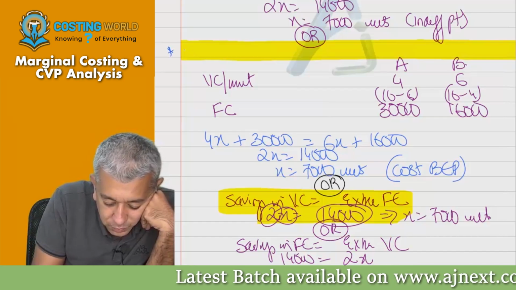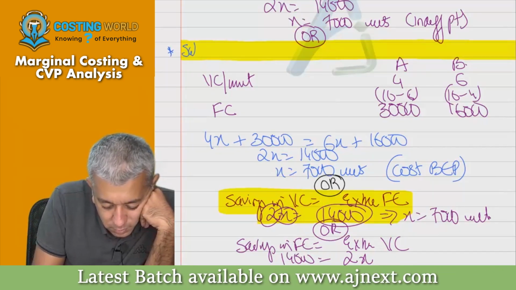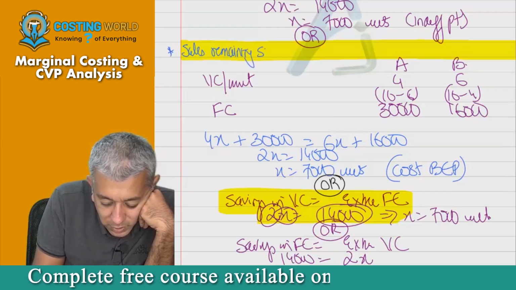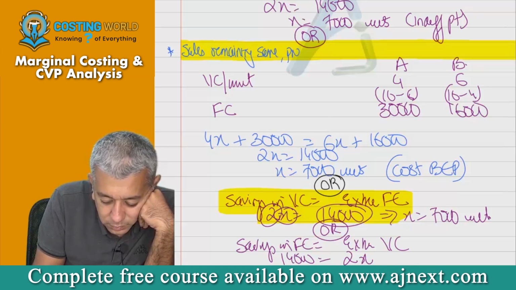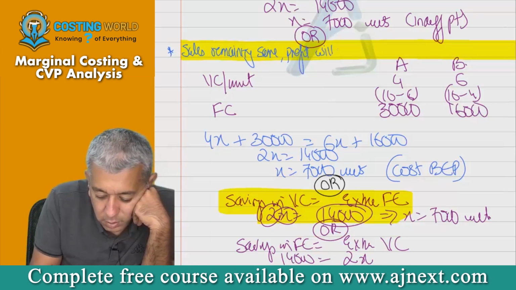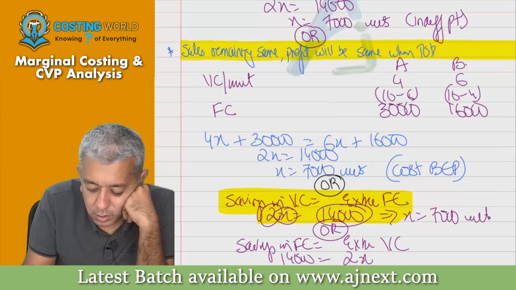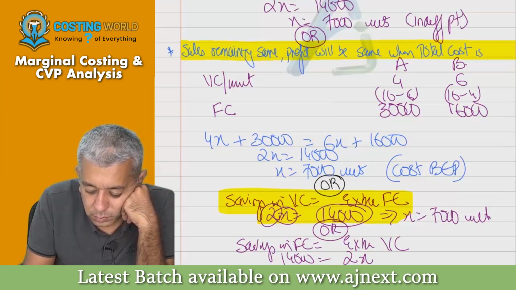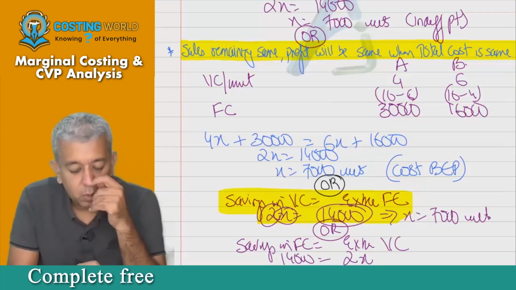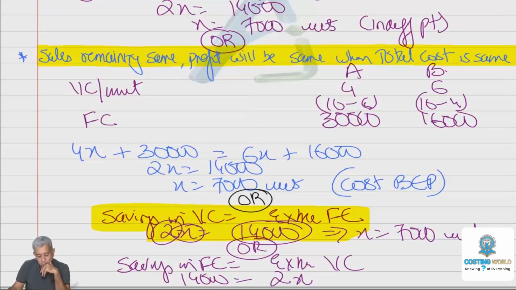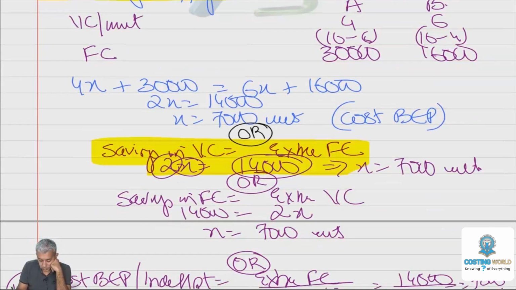Write down: sales remaining same, profit will be same when total cost is same, and then you can continue. I'm scrolling down, please.